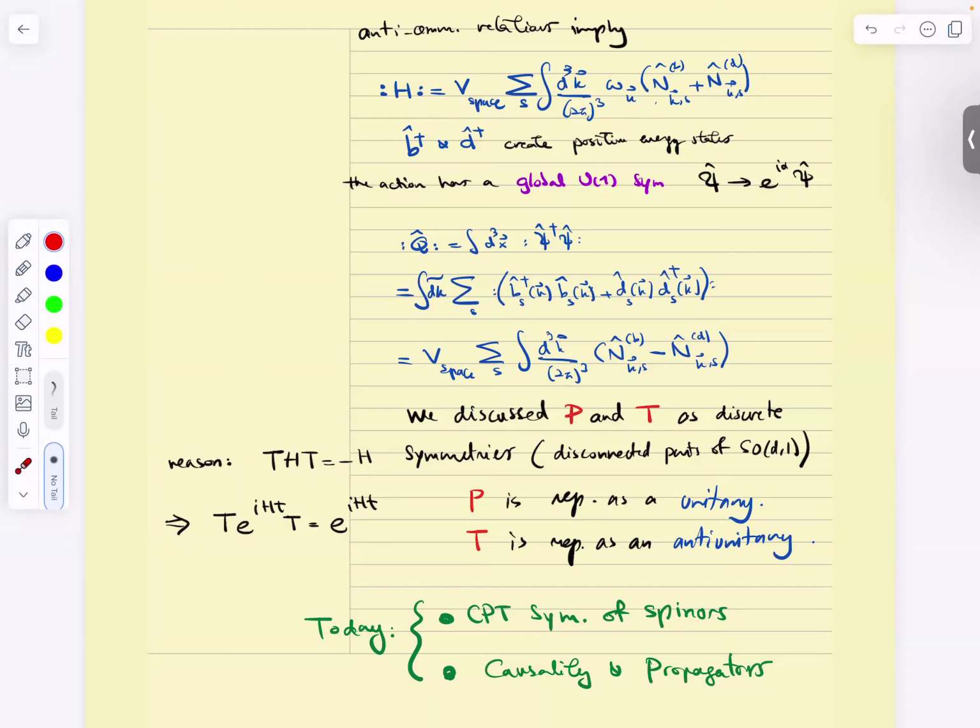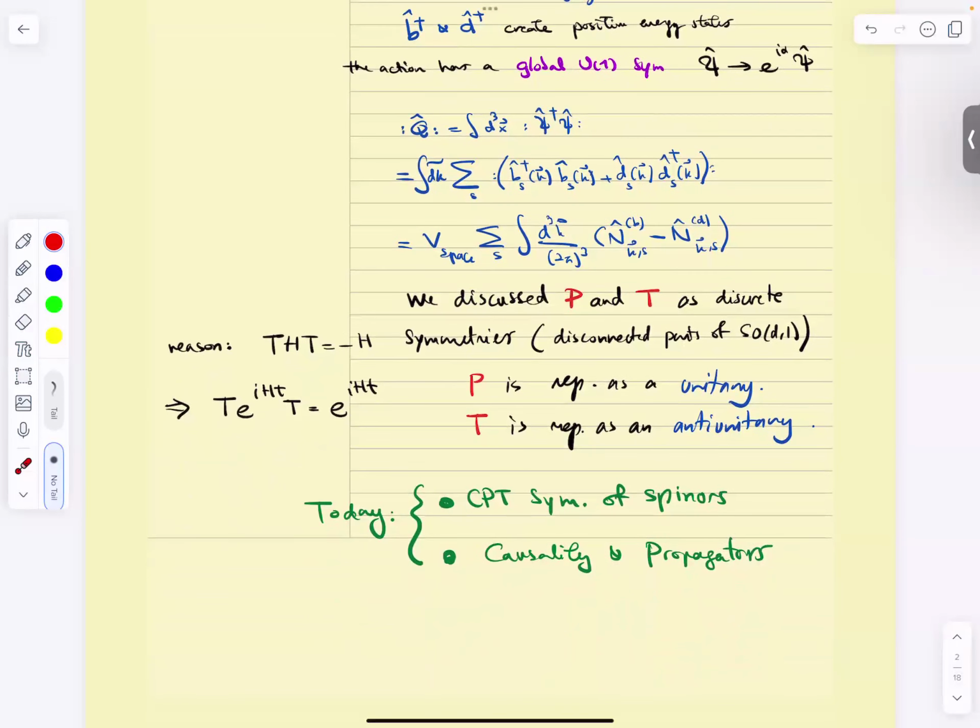That has a delta of 0 in it. Because if this were k prime, you get delta of k minus k prime, and you pick the same mode, it becomes delta of 0, the Fourier transform of which has an infinity in volume. So this is an infrared divergence. And then the UV divergence is the cutoff in k that we were just talking about.